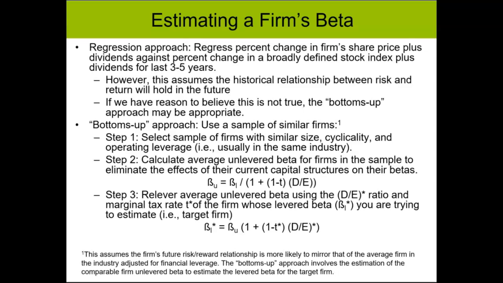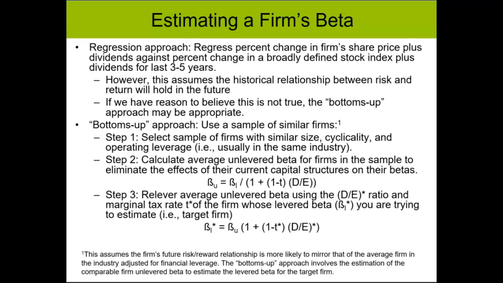The value of beta for a levered firm is determined by the same factors and the degree of the firm's financial leverage. So your objective as a financial analyst or a corporate valuation analyst is to estimate a beta that reflects the relationship between risk and return in the future.